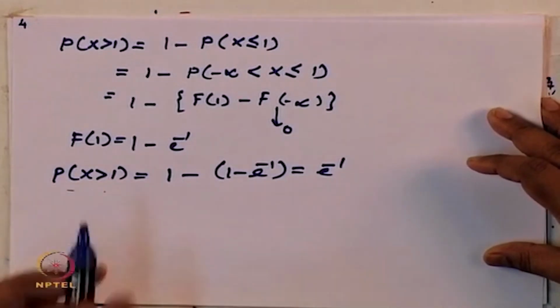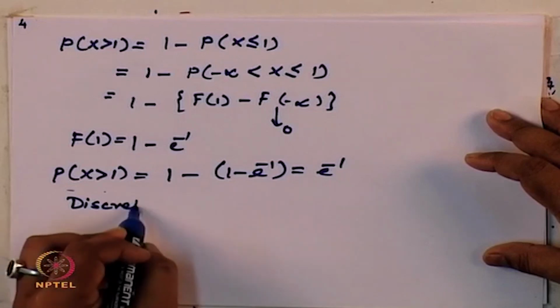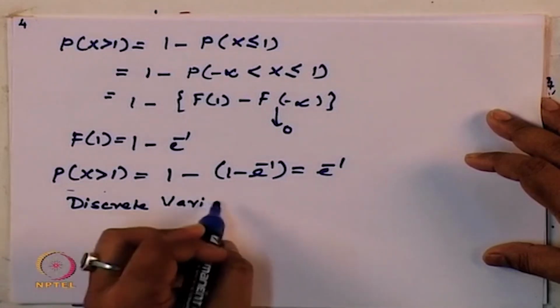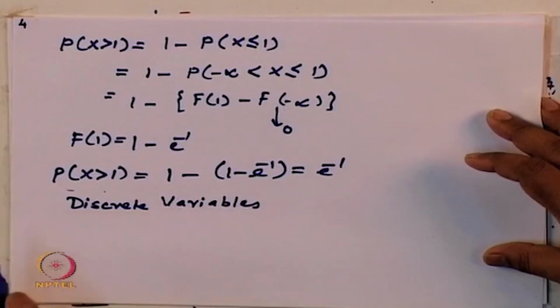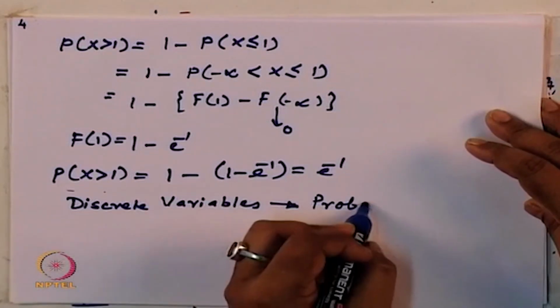Okay. So, for discrete variables, I can have something called a probability mass function.